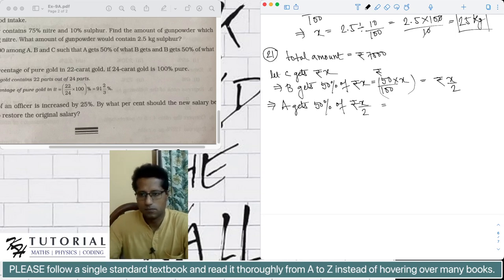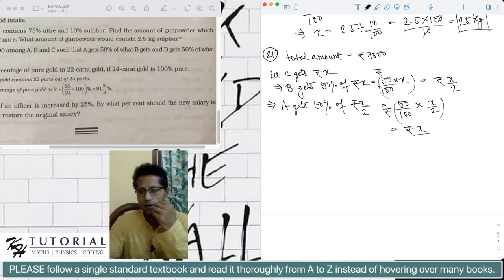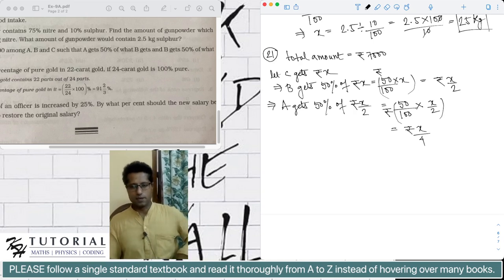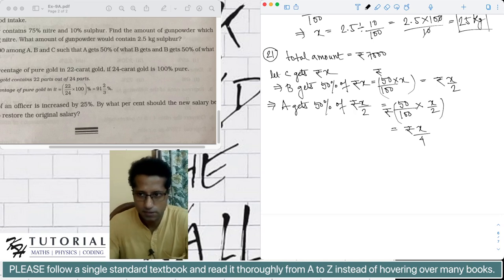This is equal to 50 by 100 multiplied by X by 2. This is equal to rupees X by 4.